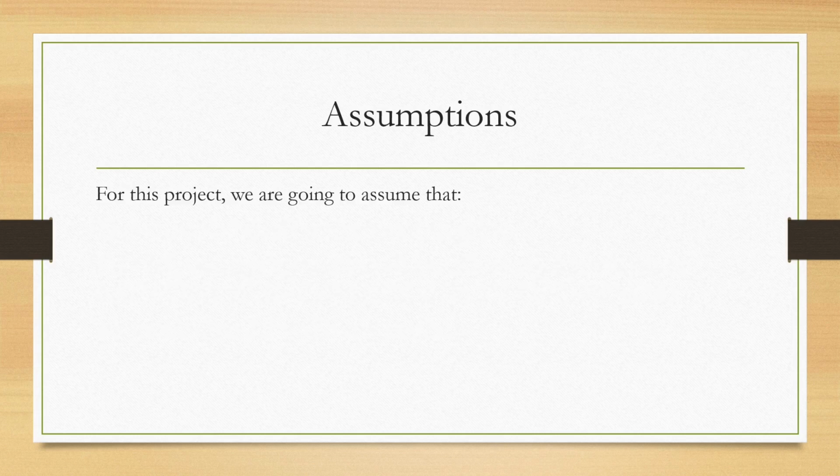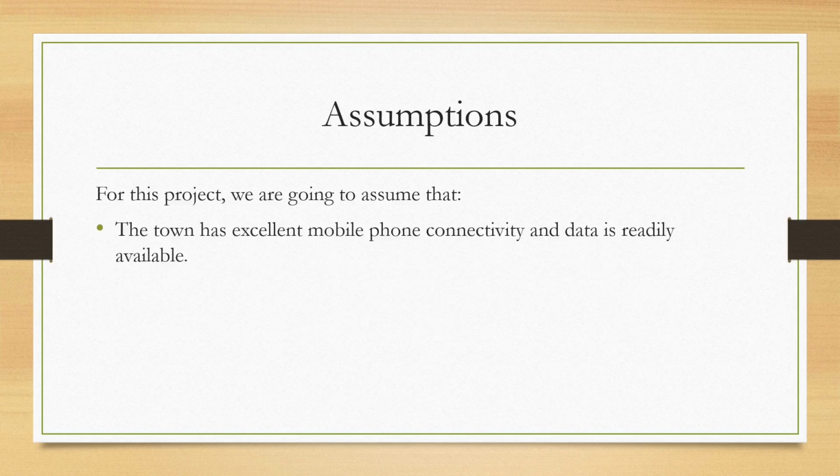For this project, we're going to assume that the town has excellent mobile phone connectivity and that data is readily available. So that's something that is an assumption that could get us over a potential limitation. And by making this assumption, and we would have to document it, we're actually making the project a little bit easier for us to consider and solve.